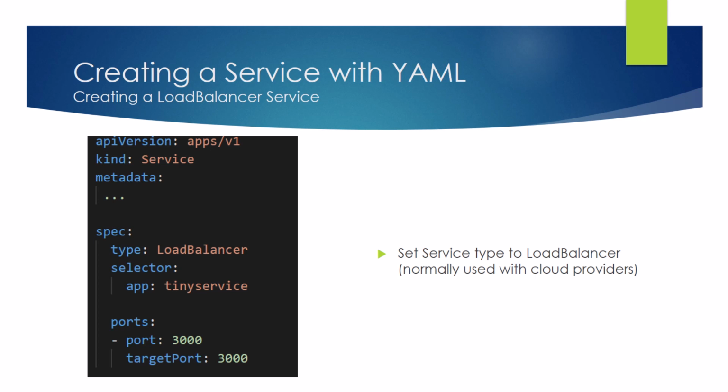We're assuming it would be 3000 also here. So we set this to LoadBalancer, and from there we can now call port 3000, and if we had tiny service which runs on port 3000 behind this, then we could call directly into that port through this load balancer.